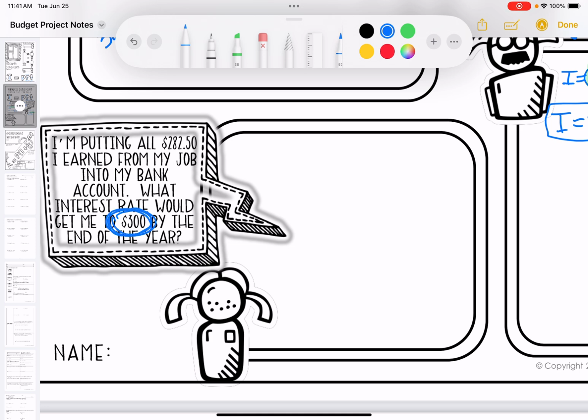So remember, the total in the account is your principal plus your interest. So we need to find just the interest, which is our I. So to find my I value, I'm going to do 300 minus 282.5.